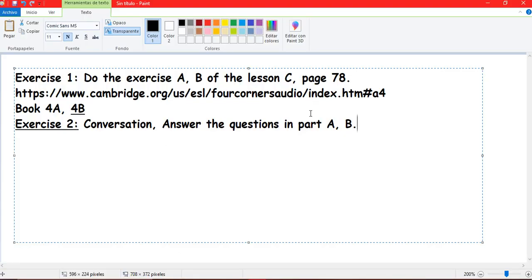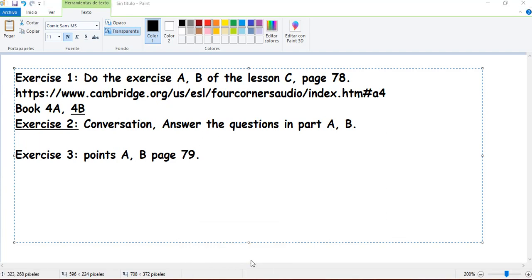So the next exercise is exercise 3, points A and B, okay, of page 79. What are the exercises?